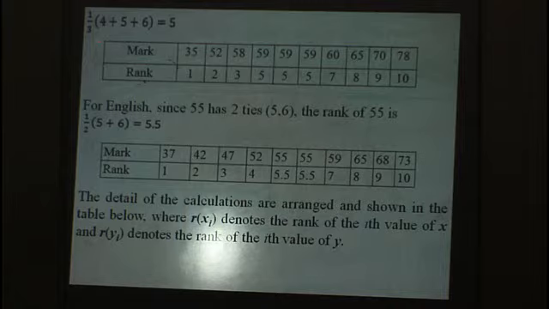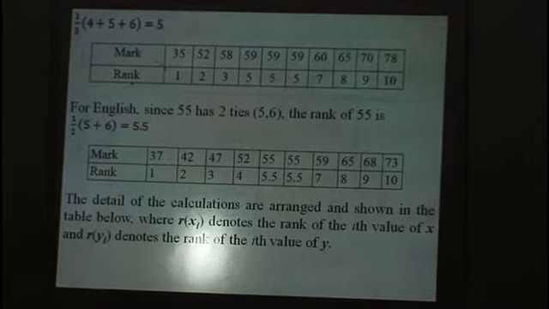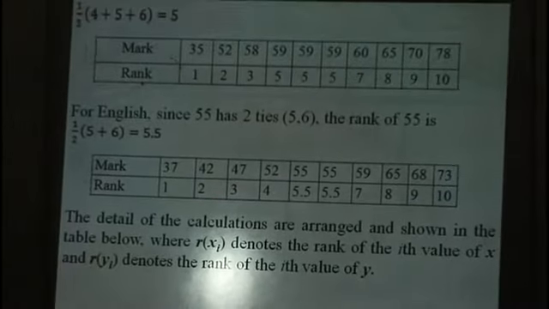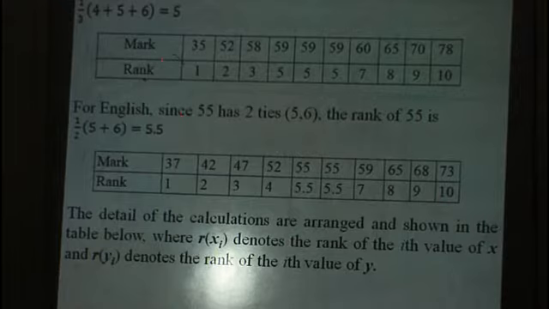So what it means is that all the 59s that appeared in the data set for mathematics will be assigned 5.